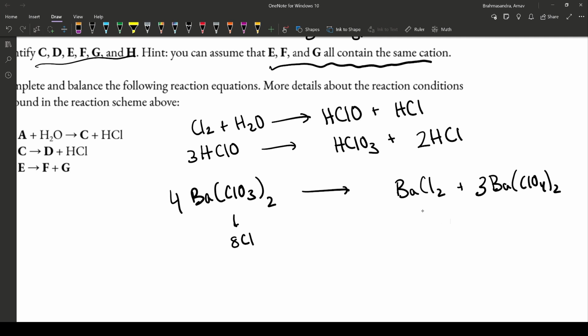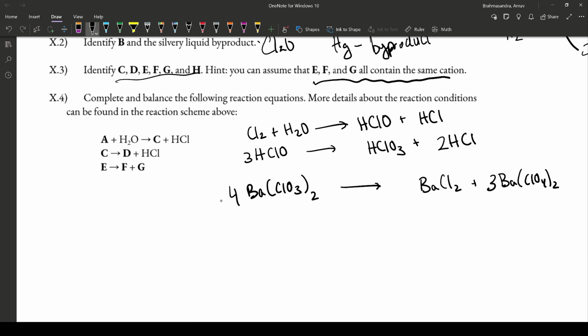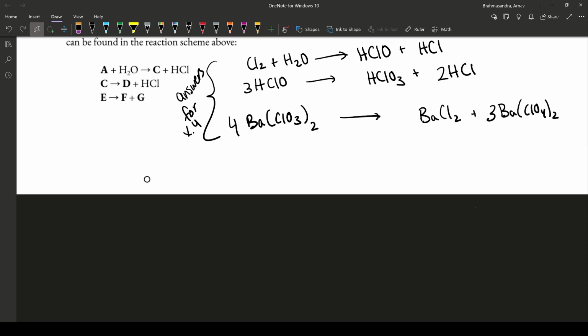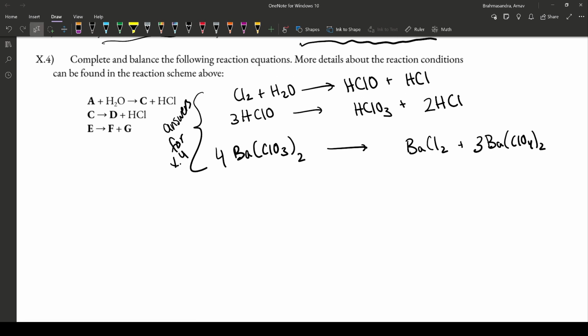So this is a perfectly good equation, and this is our final answer for the last part of this question. These 3 equations are our answers for x.4. Okay, cool. That should have been pretty self-explanatory. I didn't think that was too difficult.